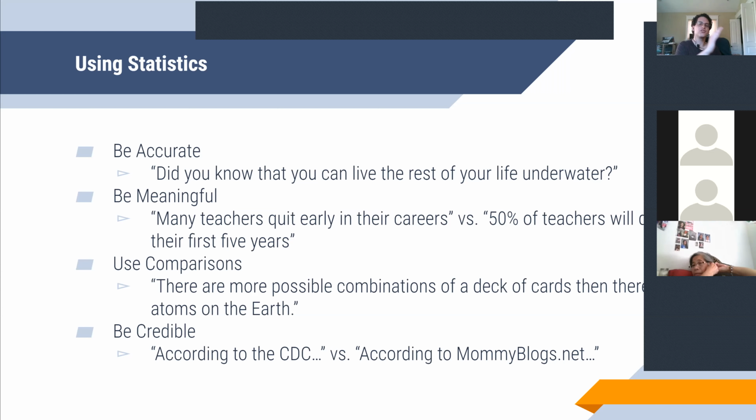Half of all teachers will stop teaching. And the first 5 years, that's pretty early in a lot of careers. A lot of us have been working for that long or longer in a specific job. 5 years doesn't sound like that long. So by presenting it that way, it now sounds so much more impactful to an audience.